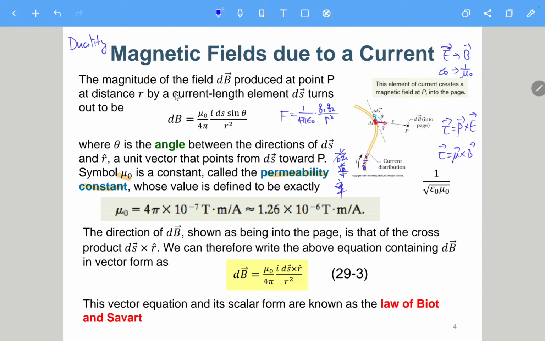For me, I will remember that mu naught over 4 pi is 10 to the minus 7. For the SI unit, I don't really remember, but at least I remember the numerical value: mu naught over 4 pi is 10 to minus 7 in SI units.